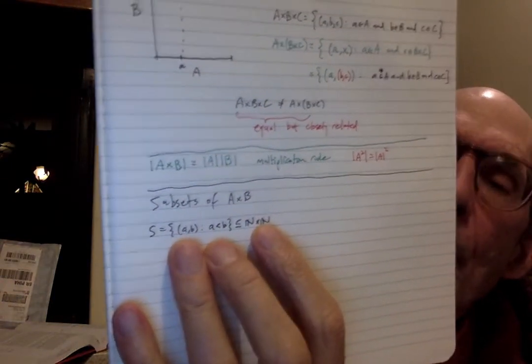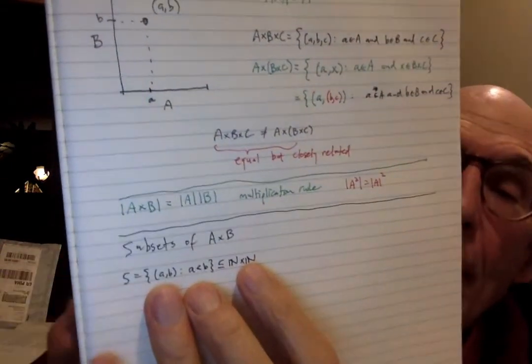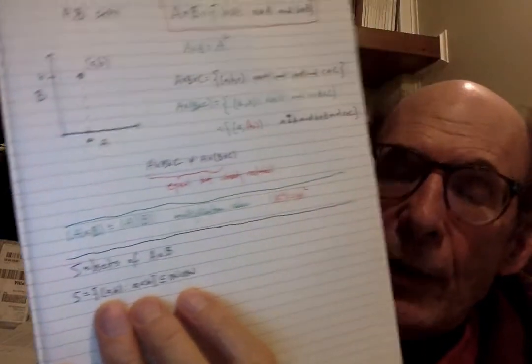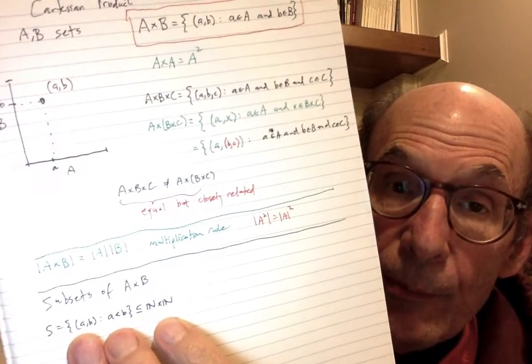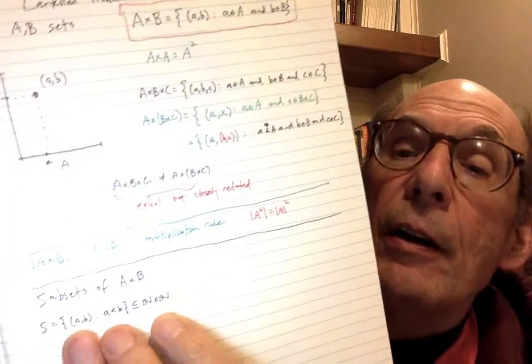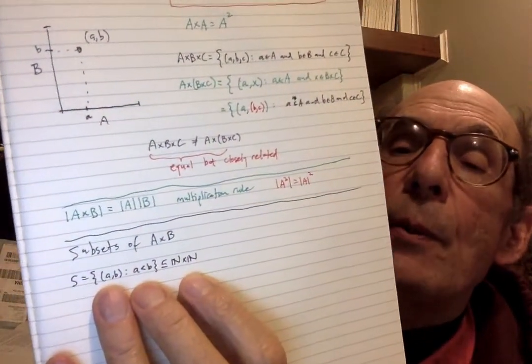So I've got a bunch of pairs. A comma B is an element of A cross B if A and B are both natural numbers. Usually, if you already have a symbol for a set, you don't introduce a new symbol that has the same meaning unless you're trying to bamboozle somebody.